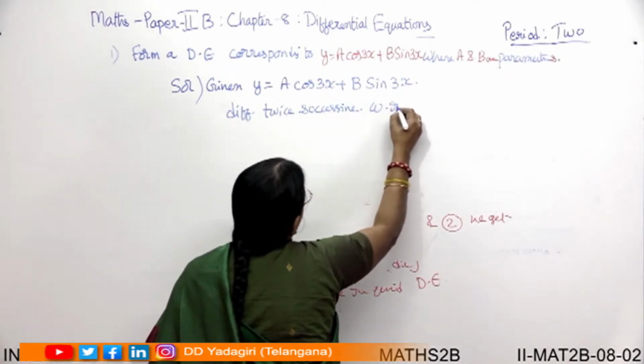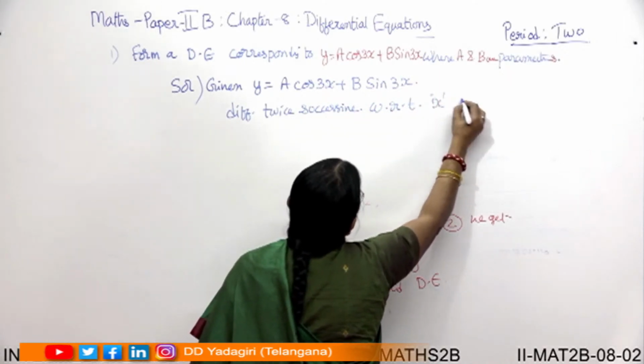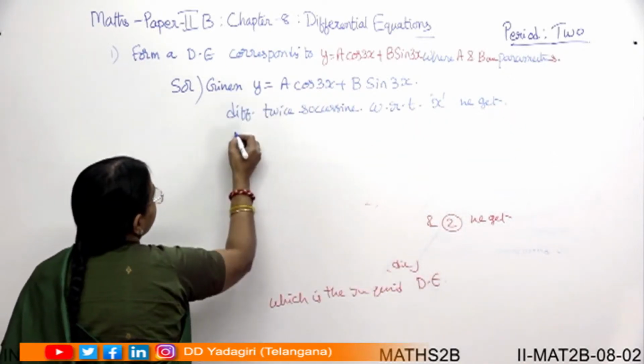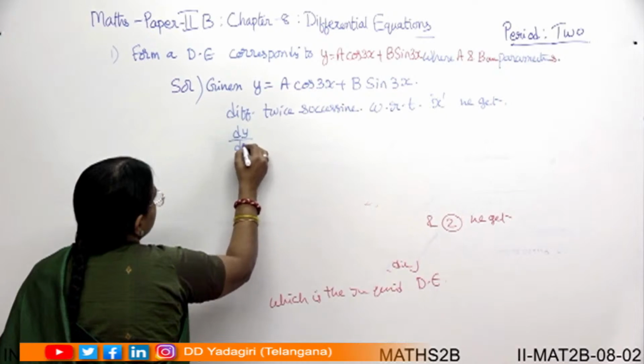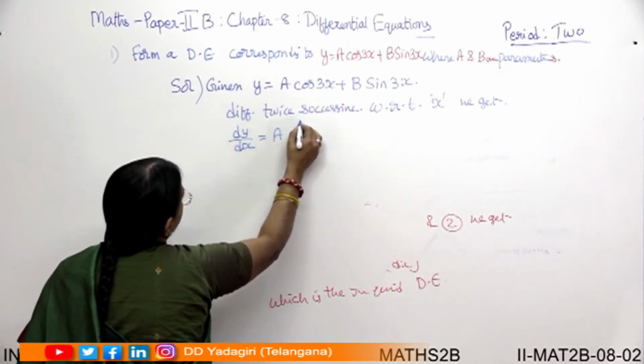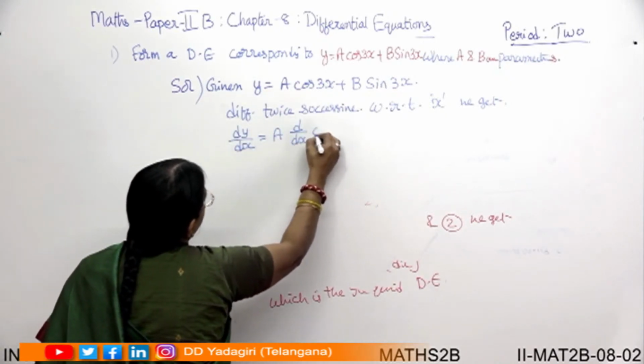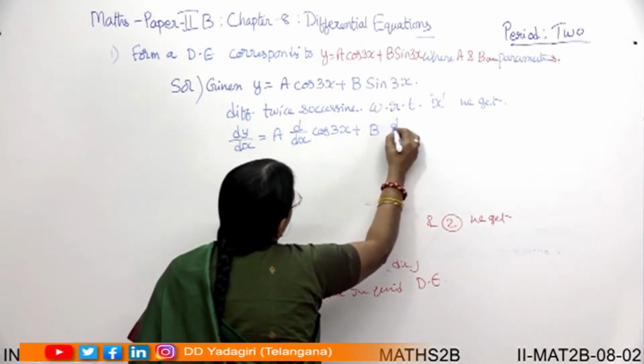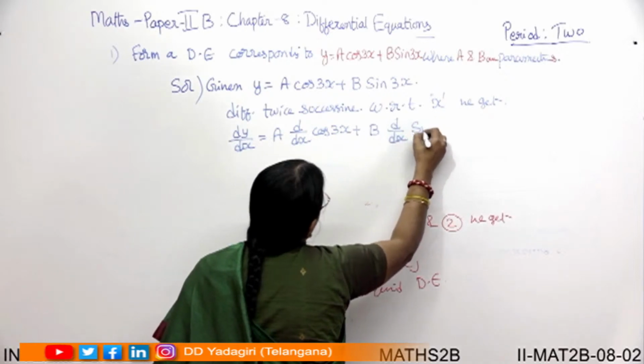with respect to x, we get dy by dx is equal to A into d by dx of cos 3x plus B into d by dx of sin 3x.